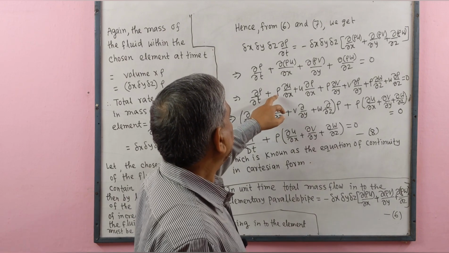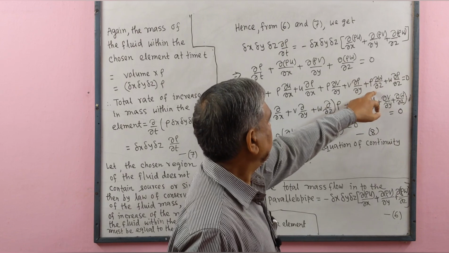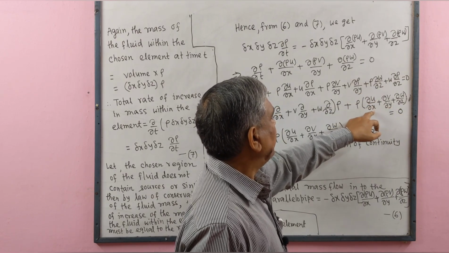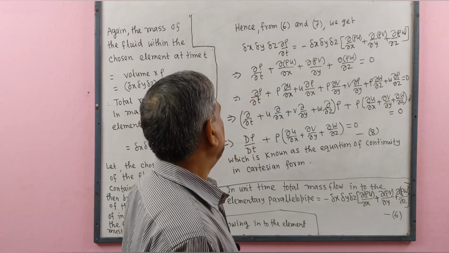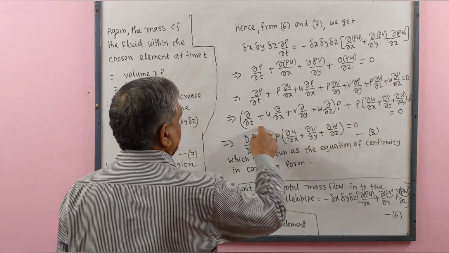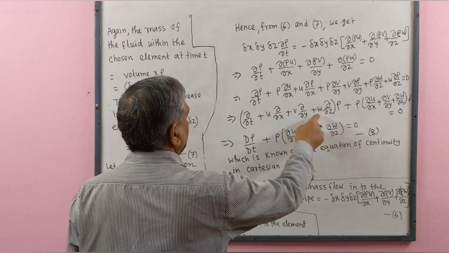Now we take common rho, and this bracket contains del u by del x plus del v by del y plus del w by del z. This is an operator called the material derivative.